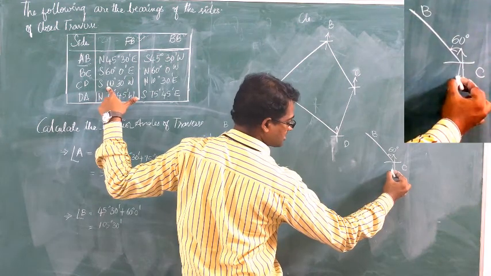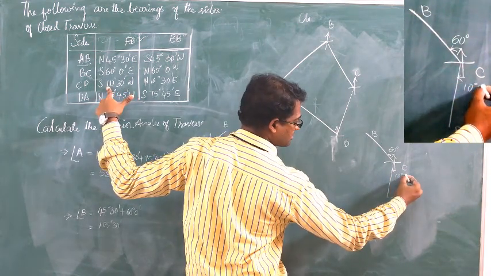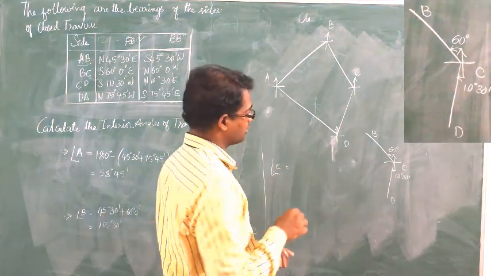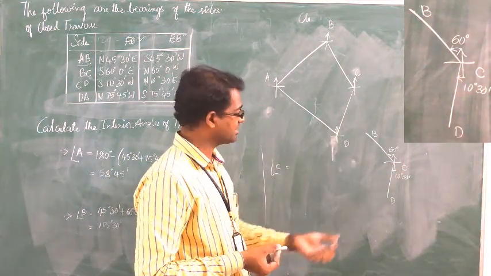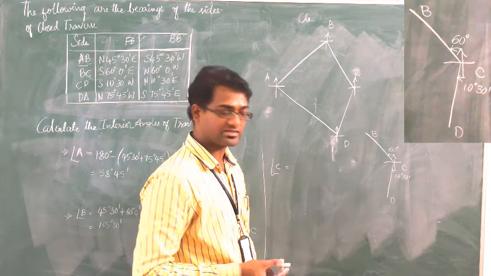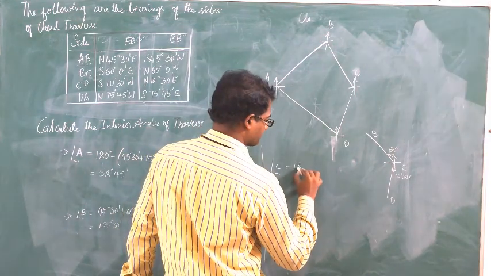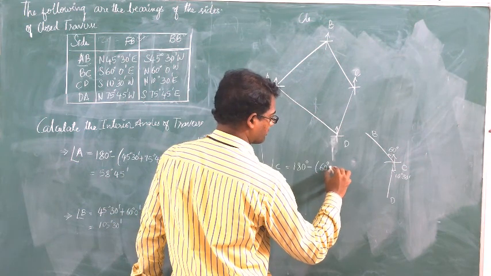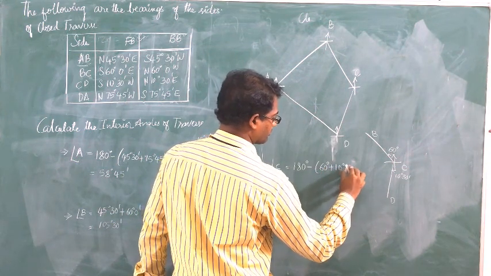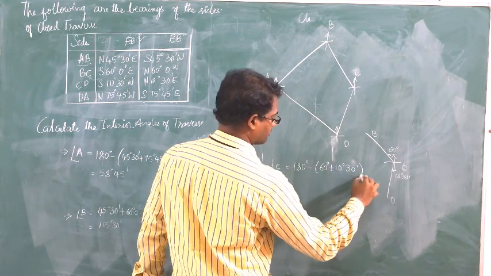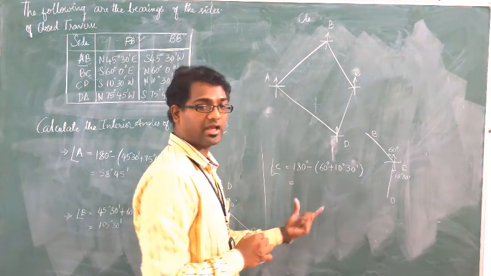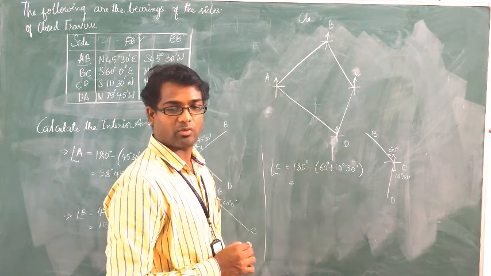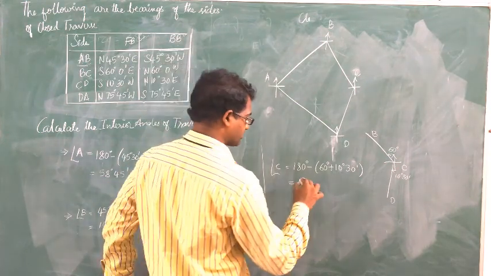This is 10 degrees 30 minutes west. Now how do I get angle C? 180 degrees minus 60 plus 10 degrees 30 minutes. Now if you calculate this value, you will get 109 degrees 30 minutes.